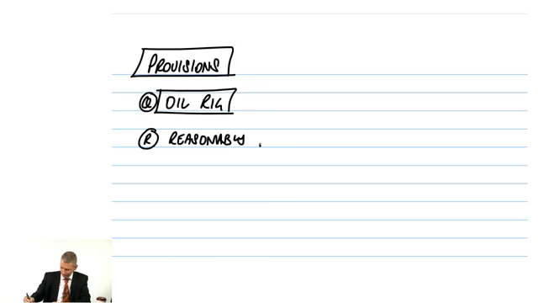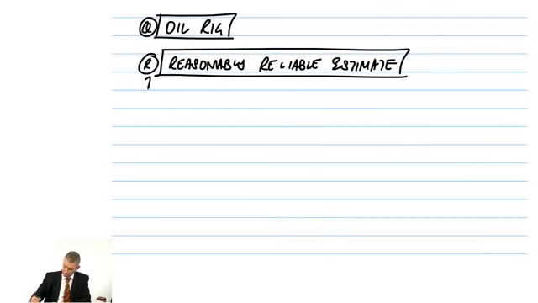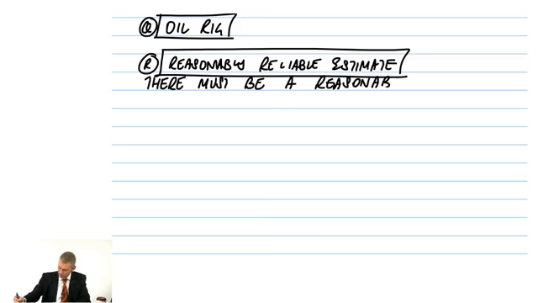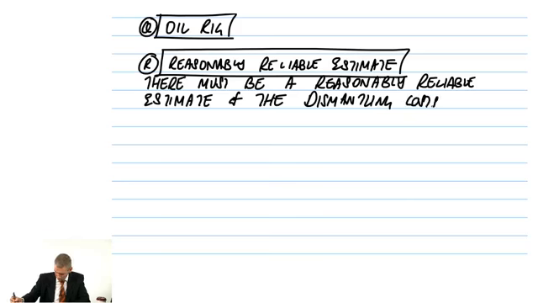There must be a reasonably reliable estimate of the dismantling costs before a provision is allowed.